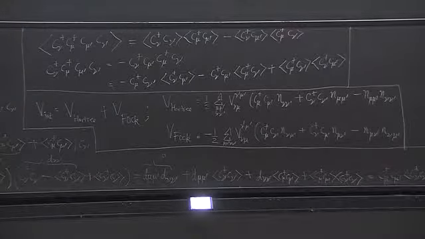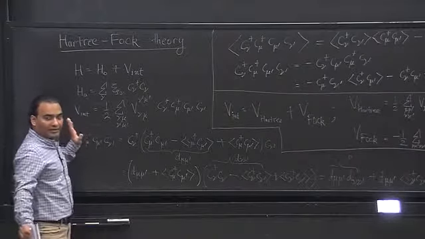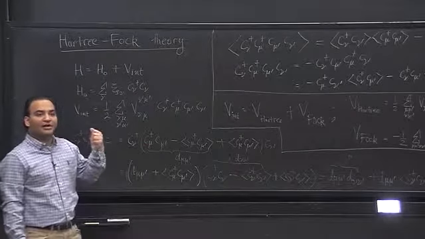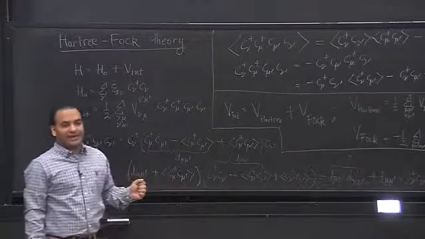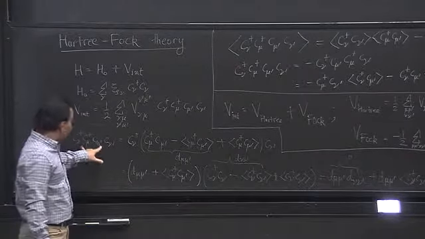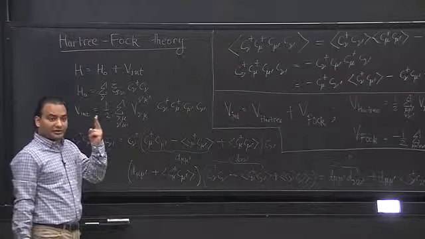So the motivation is to replace these four operators by expectation values of two operators. But we still want to keep these four operators as operators. So on the right-hand side, we should still have operators multiplied by expectation values. What we know from Wick's theorem is that in general, when we take the expectation value of this, we get two terms.